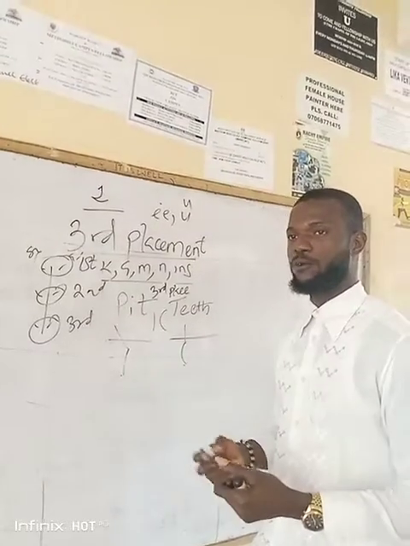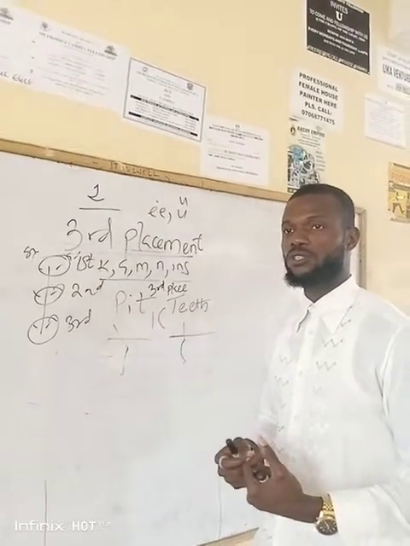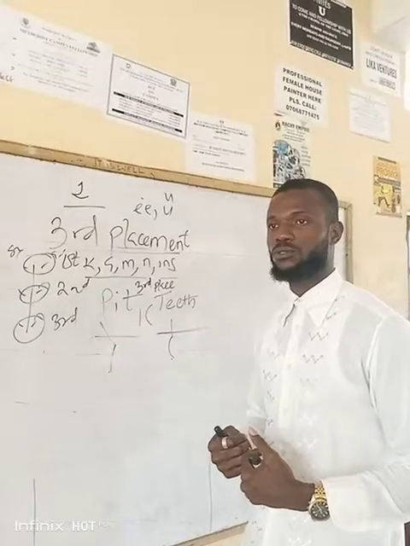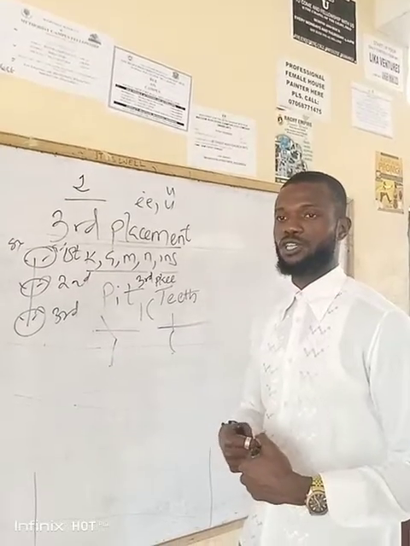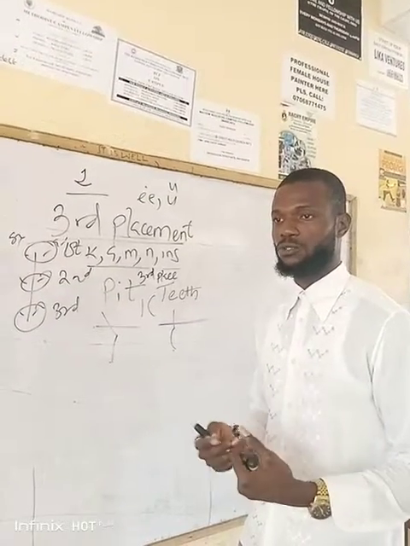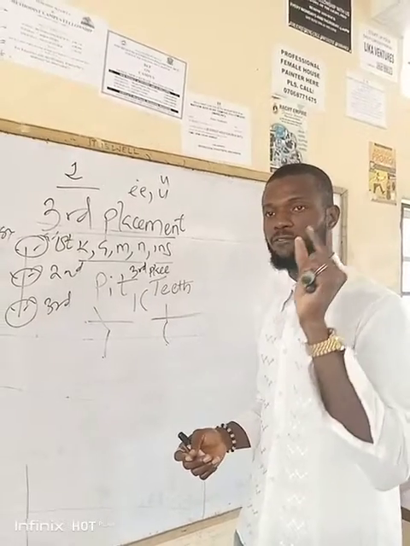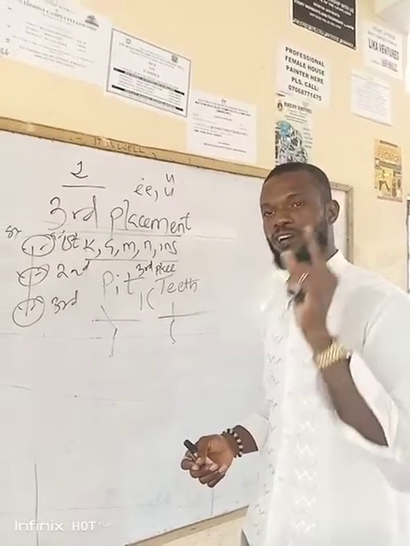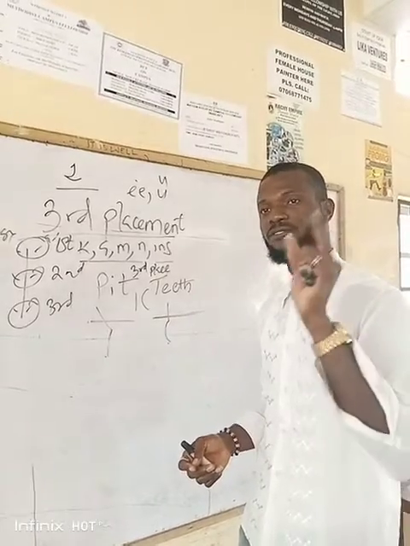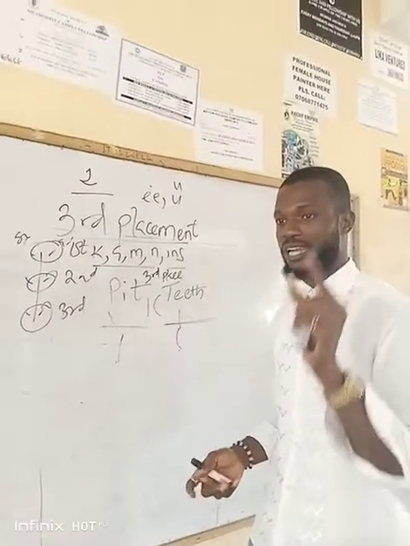Now, this third place vowel, I will urge you guys to practice. You can ask me any question if you find anything difficult. And like I said, the third place rule states, whenever you hear E or U, you place the first consonant stroke across the line.